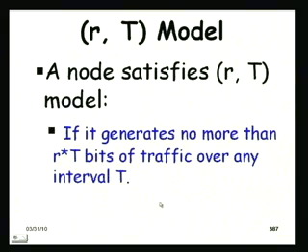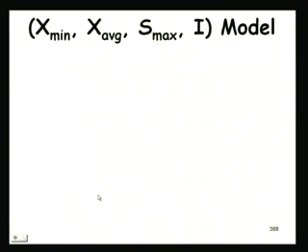In the R, T model, R into T bits of traffic are generated over every interval T. We can consider an average data that is being generated over an interval T, very similar to Xmax, Smax, Xmean.